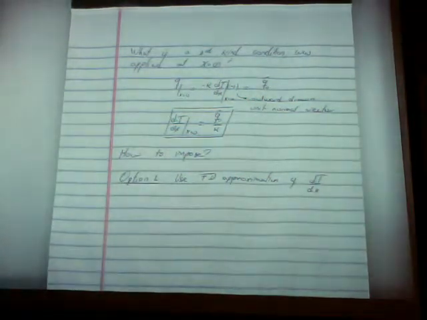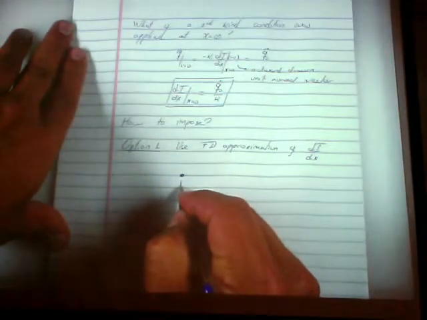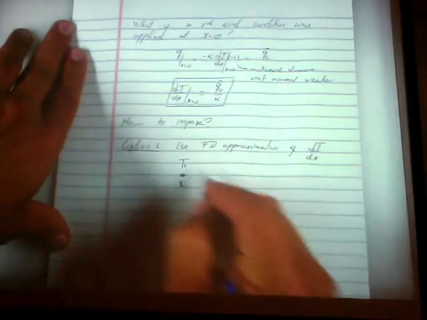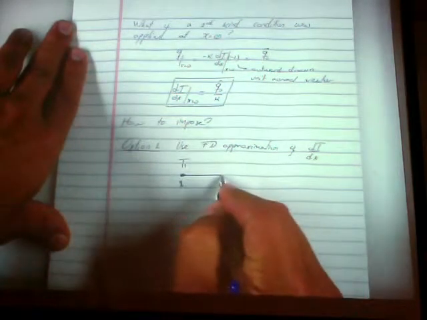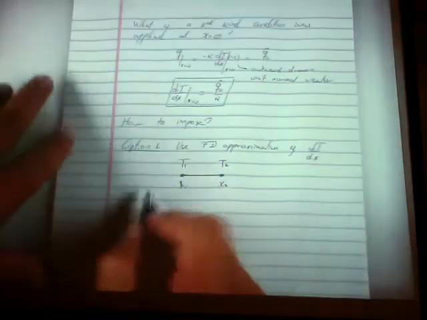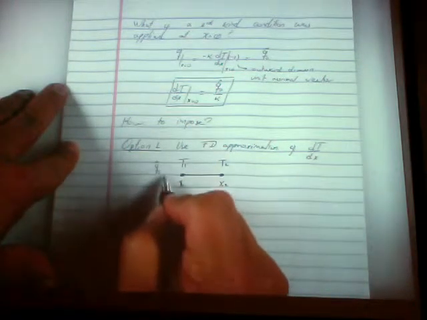So that is, this is node 1, and this is node 2, and here we have Q0 applied in there.